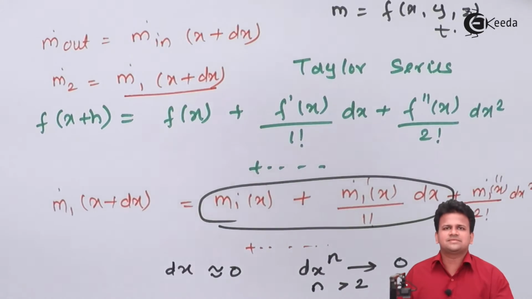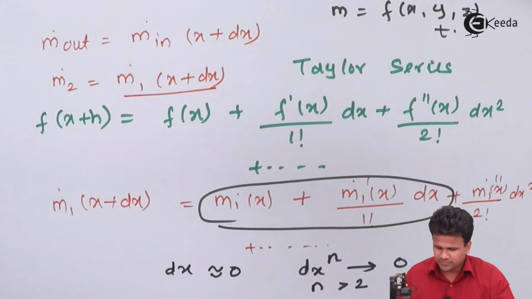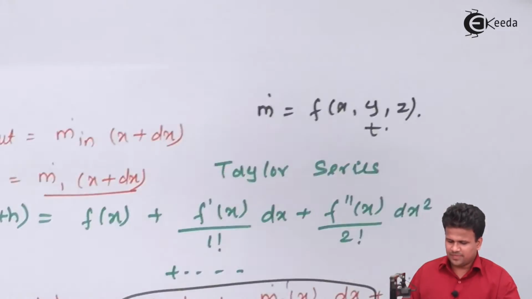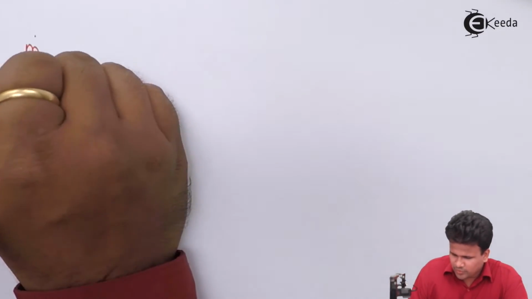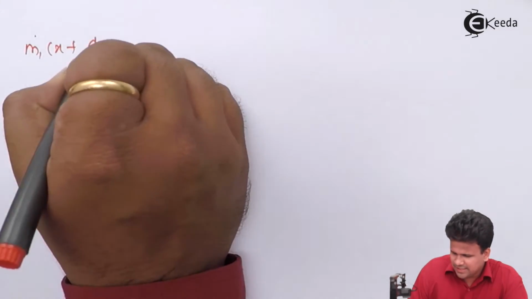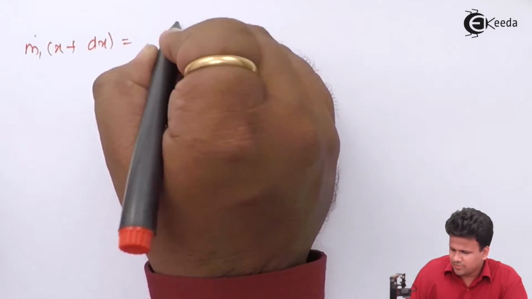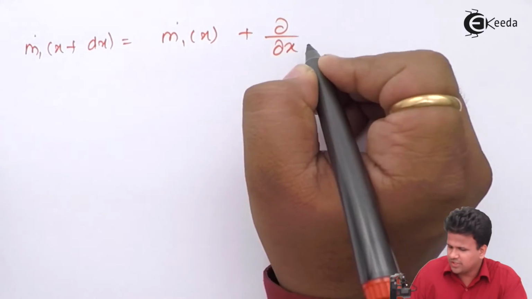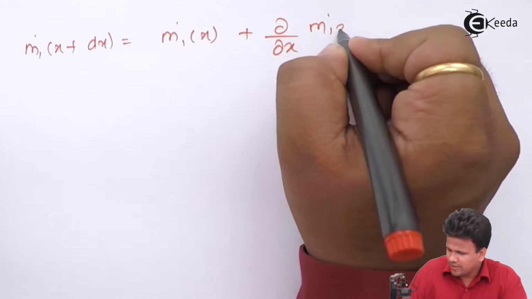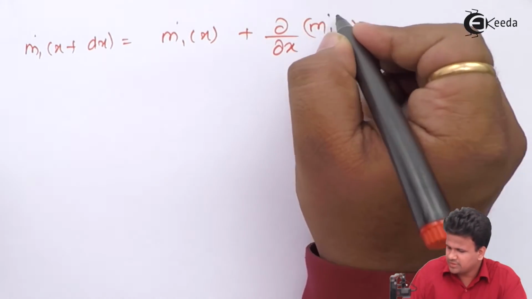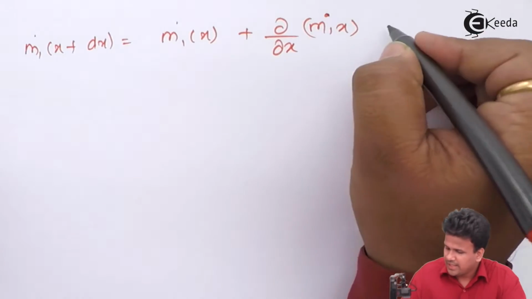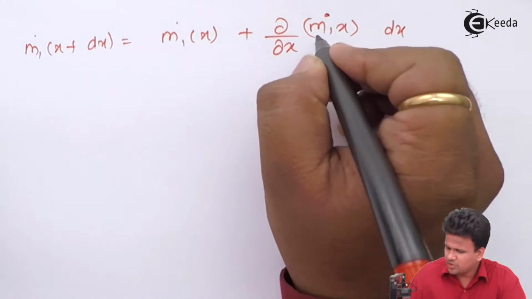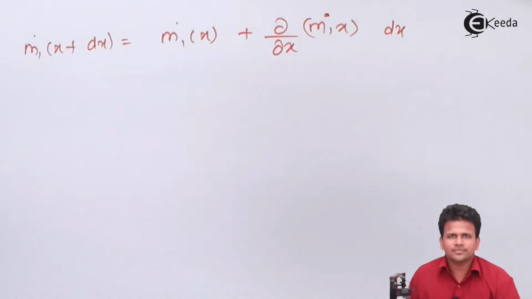We have to replace that by a partial derivative. So let us write down this part as m dot 1 at x plus dx is equal to m dot 1 at x plus dou by dou x of m dot 1 at x, without the m, this is the dot not the dash, into dx upon 1 factorial, which will be 1.